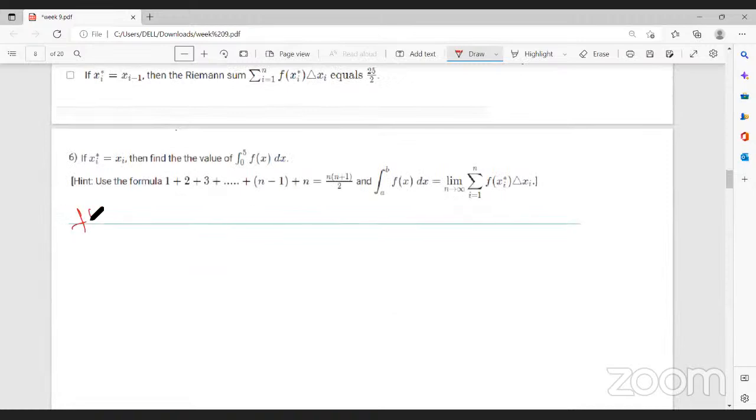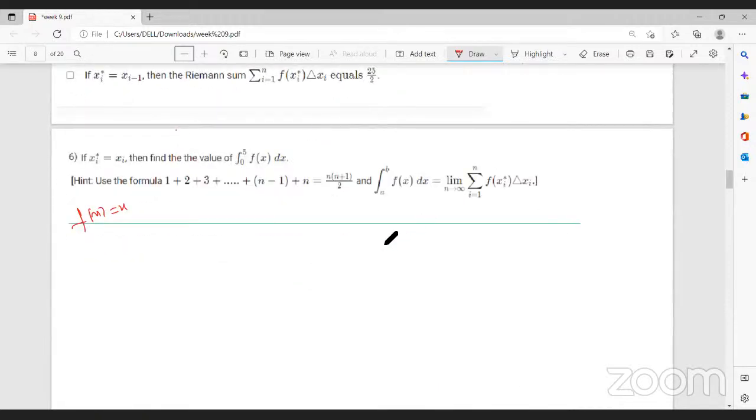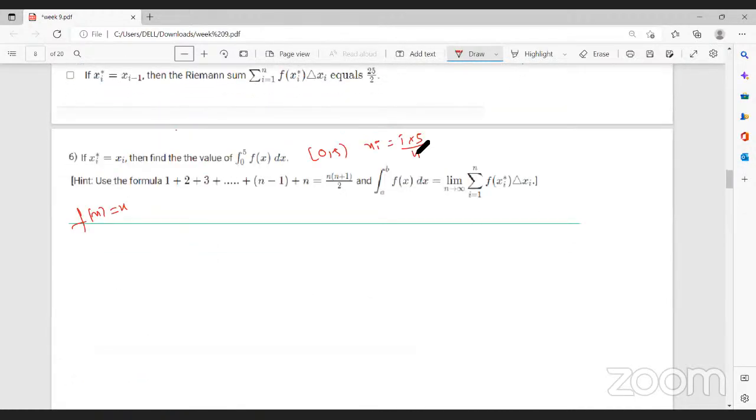So f of x is equal to x, and my xi is given as 5i by n. This is my xi, and my interval is 0 to 5. Now we have to calculate the area under this curve.